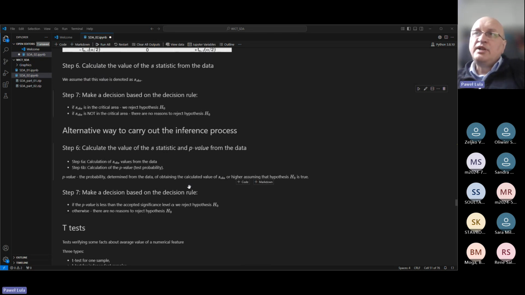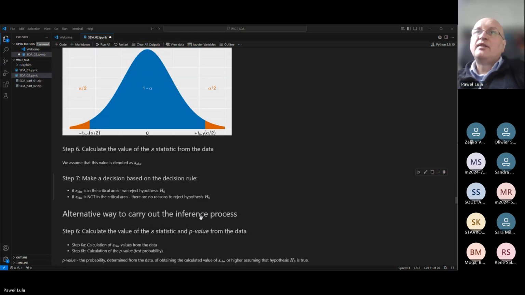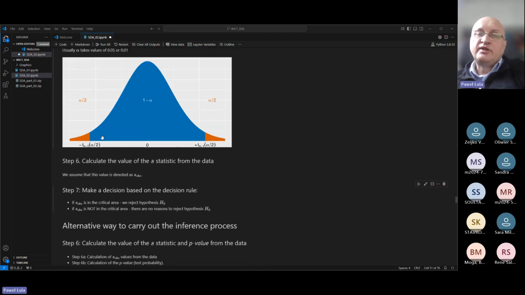It is the probability of obtaining the calculated value of the test statistic or a higher value. It is the probability that we obtain this value or higher value.